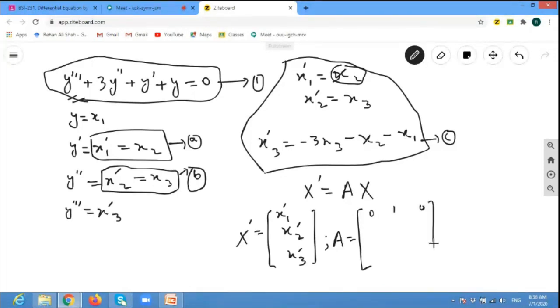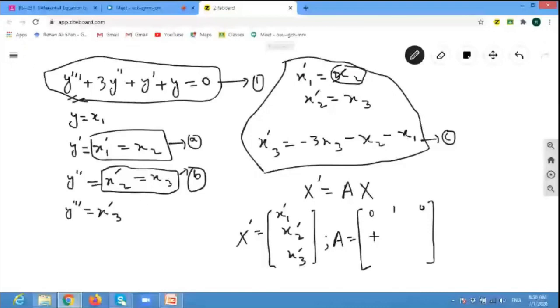So this is matrix A. Then the coefficients of x1 in the second and third equations, that is minus 1, the coefficient of x2 in the second equation is minus 1, and another is minus 3. So this is your A. What is your x? This will become x1, x2, x3.